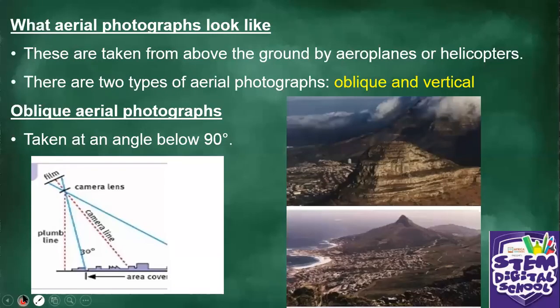Okay, now what are aerial photographs? What do they look like? So we're going to look at that now. These are taken from above the ground by aeroplanes or helicopters.